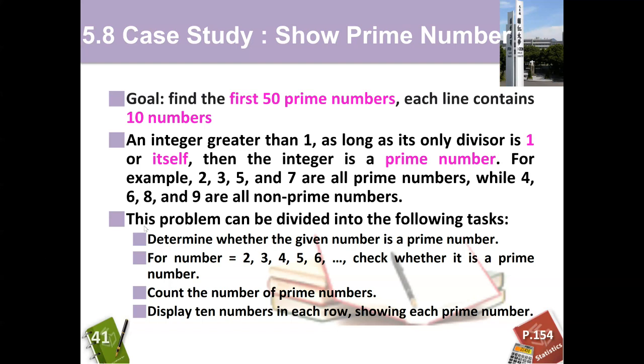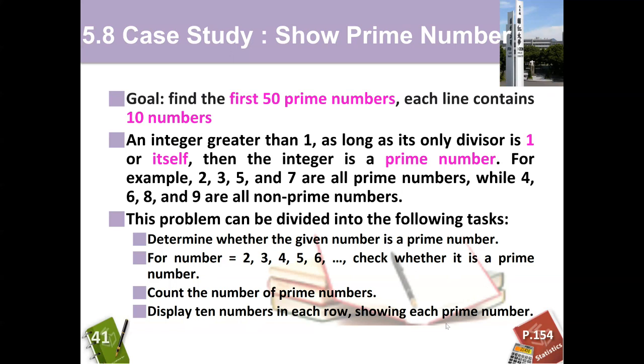So this problem can be divided into the following tasks. First, we determine whether a given number is a prime number, for example 2, 3, 4, 5, 6, and check whether each is prime. Then we count how many prime numbers we have already found, until we gather 50, and then display 10 numbers in each row.